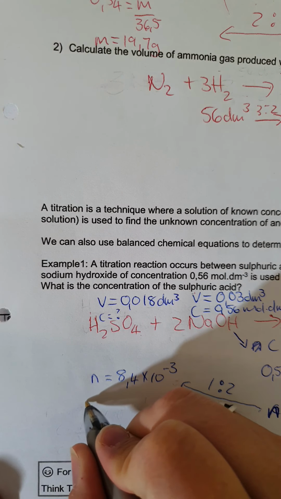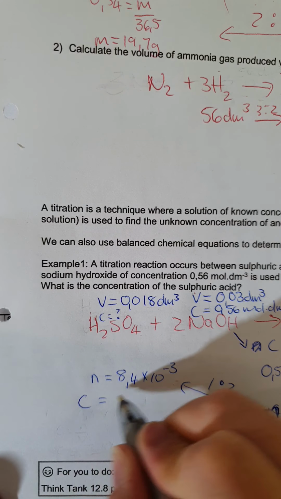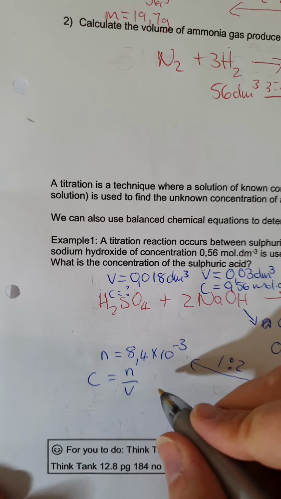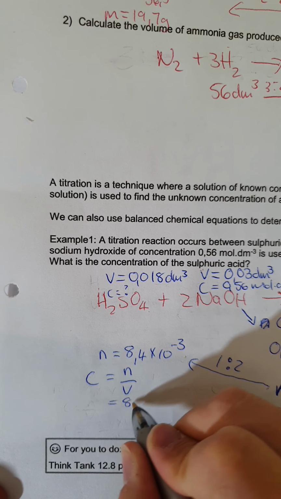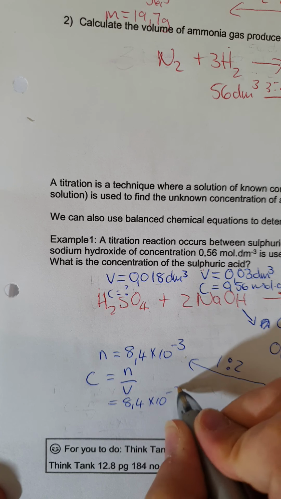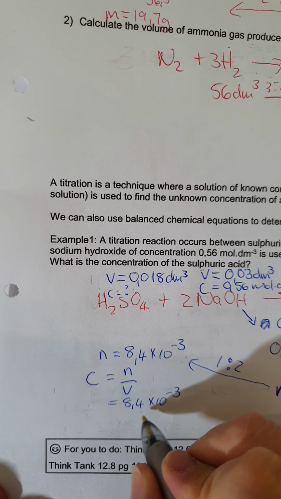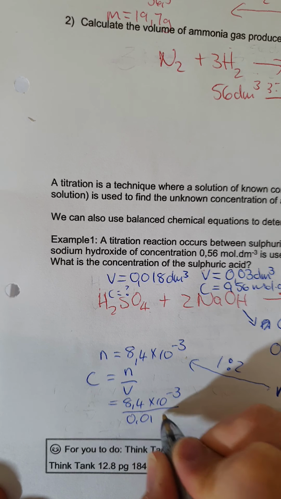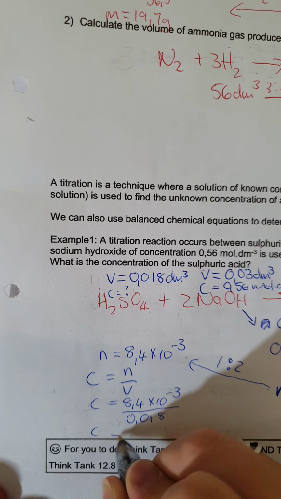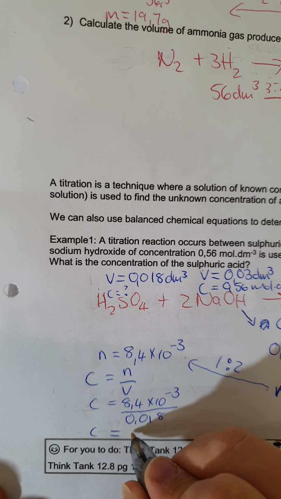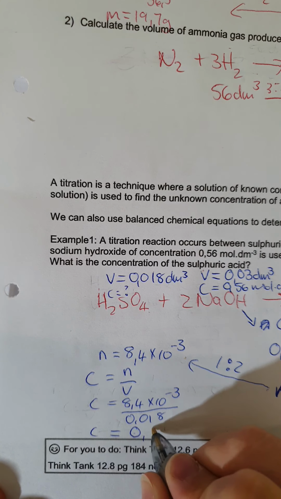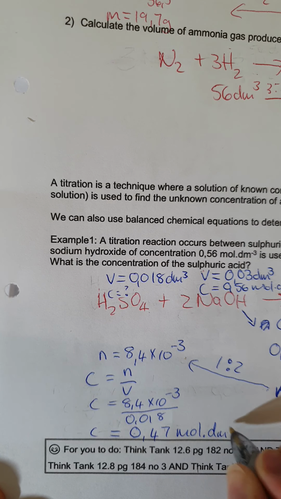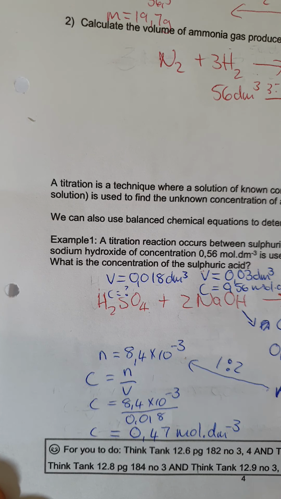I know I have a volume and I want concentration, so I use that equation again. I substitute in my number of moles and my volume of 0,018, and my concentration lands up being 0,47 moles per decimeter cubed. And there we have it.